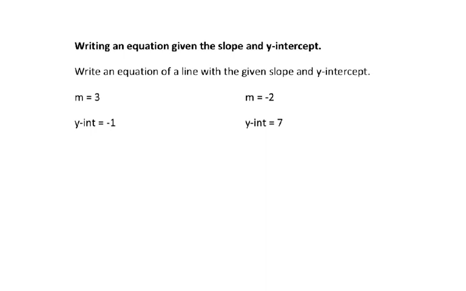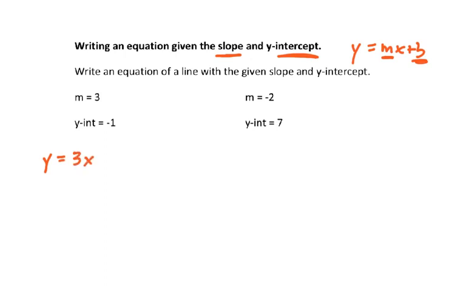It says we want to write an equation of a line with the given slope and y-intercept. Man, that sounds familiar, almost like slope-intercept is a form. We're going to use y equals mx plus b. The slope is m, the intercept is b, and that's what we're going to be replacing. So for the one where m equals 3, the y-intercept is -1. Instead of m, we're going to put 3.